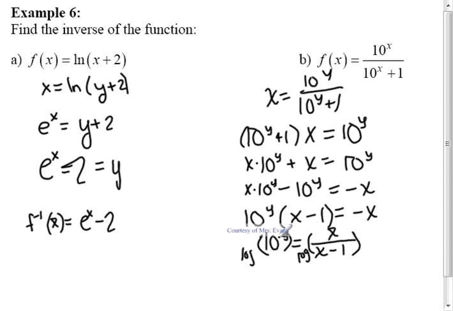Okay, and that makes it so that I could move that y to the front, and log base 10 of 10 is just 1. So all that's left on that side is y, and on the right hand side we're going to have log of negative x over x minus 1. And there you go, that's your inverse function.